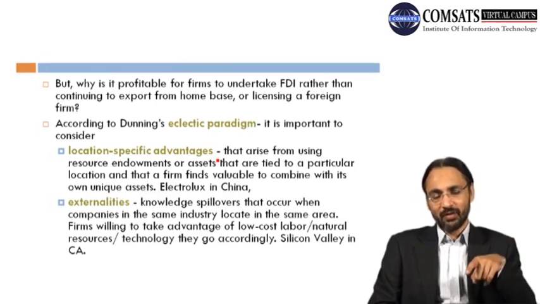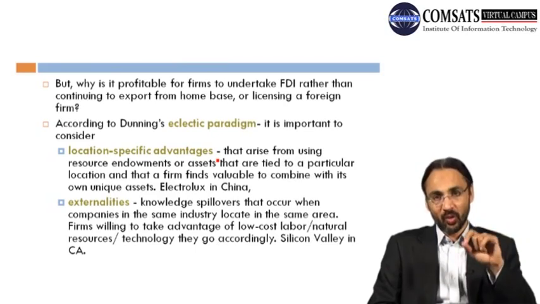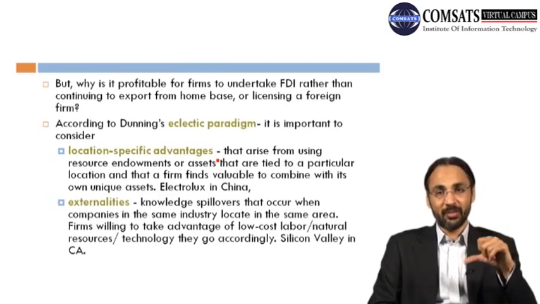For instance, take the example of Electrolux. They have better management, production capabilities, production skills, higher technology and higher management skills, but they went to China to exploit the low-cost wages, and these low-cost wages were not available in Sweden.